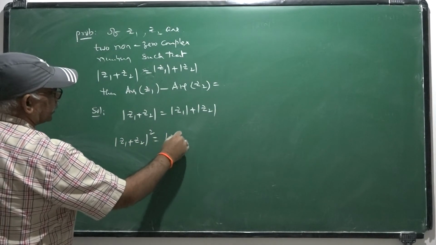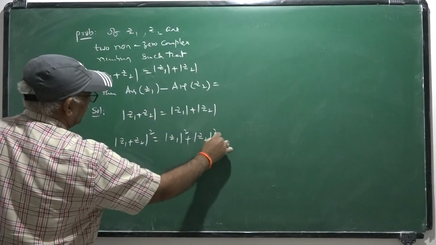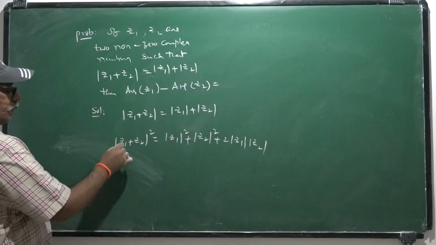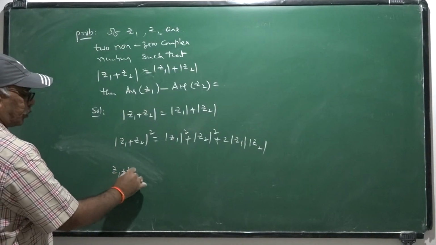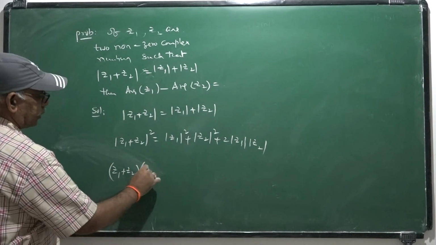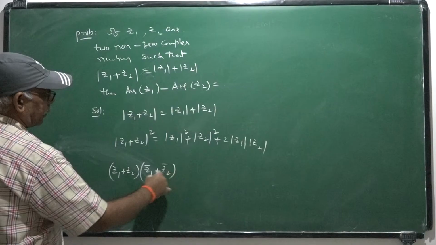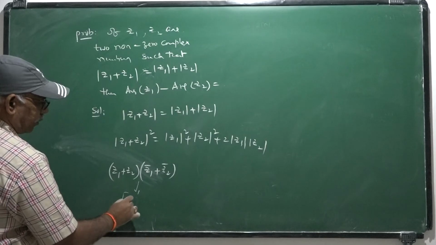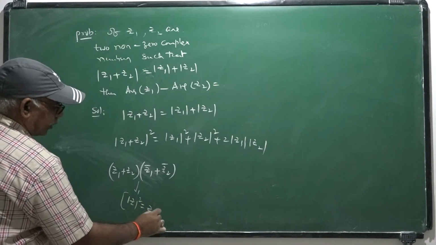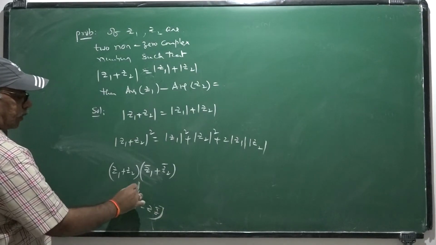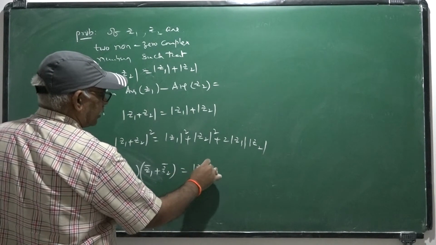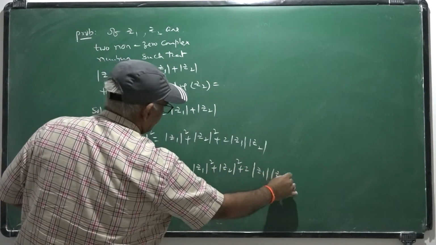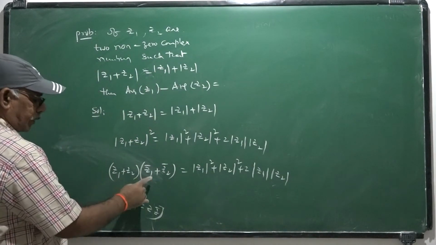Mod (z1 plus z2) whole square is mod z1 square plus mod z2 square plus 2 mod z1 mod z2. But this is (z1 plus z2) into (z1 bar plus z2 bar), since mod z square is z into z bar. So it equals mod z1 square plus mod z2 square plus twice root of mod z1 mod z2.